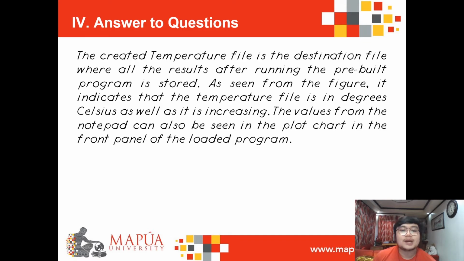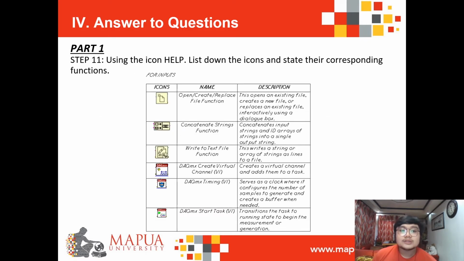Next is step 11, using the icon help, list down the icons and state their corresponding functions. For inputs, on the left side of the block diagram, you can see the Open/Create/Replace File function.